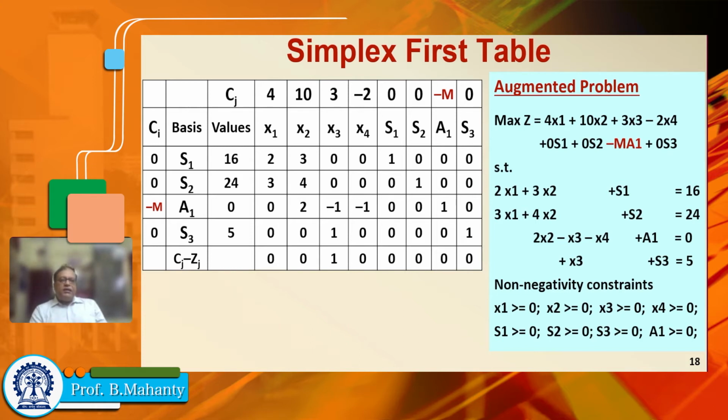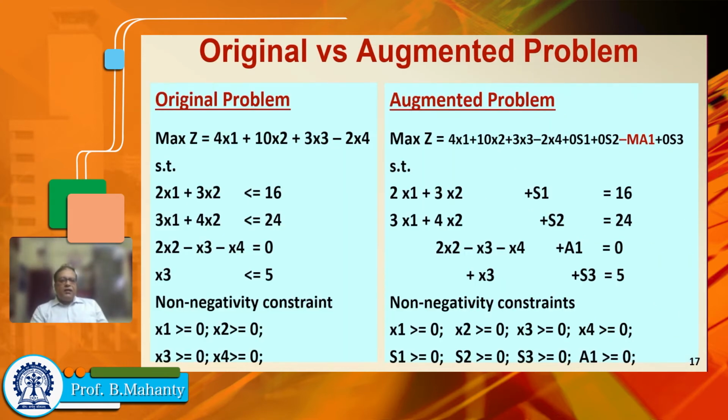But the bigger question is that this simplex, if I put it in that manner, what about this constraint that we have dropped? What would happen? You see, if you look at the augmented problem, a very interesting thing can be seen. Let us say that we have some value of x4 and some other value of x3, but 2x2 equal to x3 plus x4.